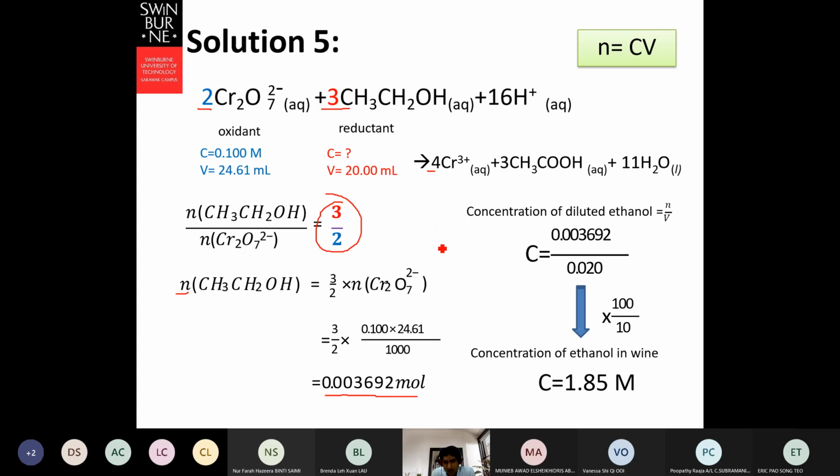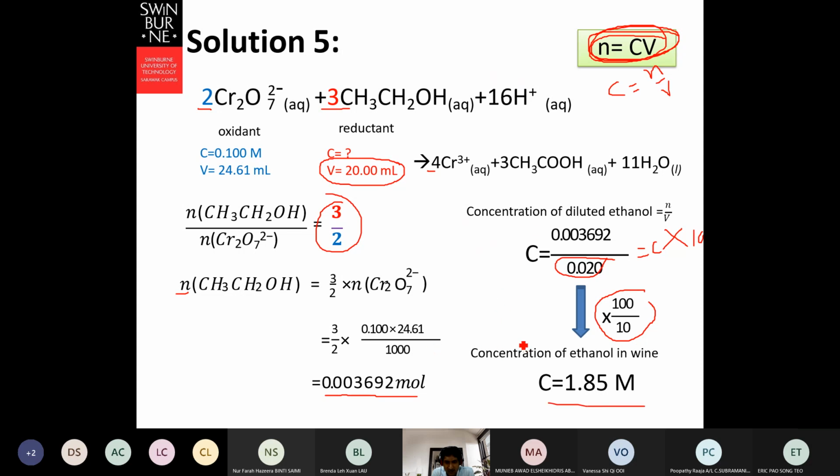Now, from there, 20 milliliters of the ethanol was taken. Again, using the same formula to find the concentration, C equals N over V. Using the same formula we find the concentration, but it was a 10 times dilution, so multiplied by 10, or 100 over 10, same thing, right?